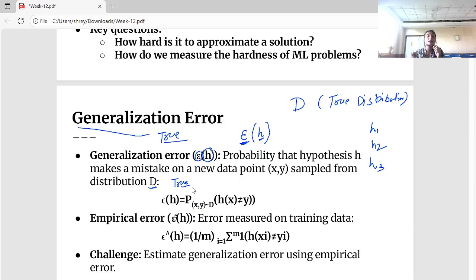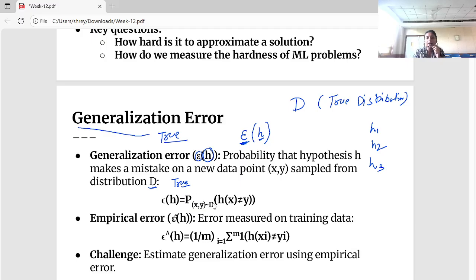I am not talking about a simple error, but about the probability. If you talk about the probability, you are not talking about a particular sample, you are talking about, on average, what will be the error in this model. That's why it is called generalization error.